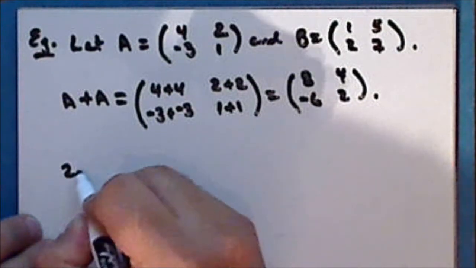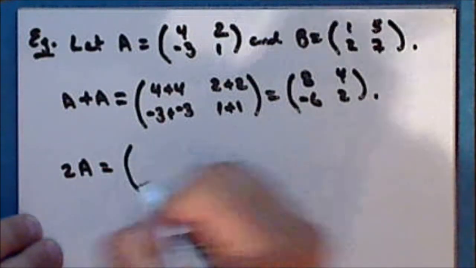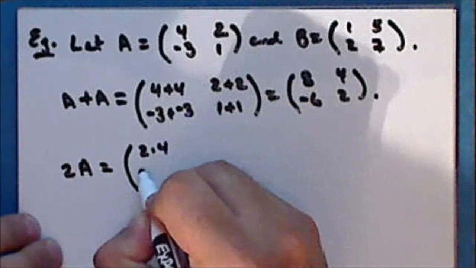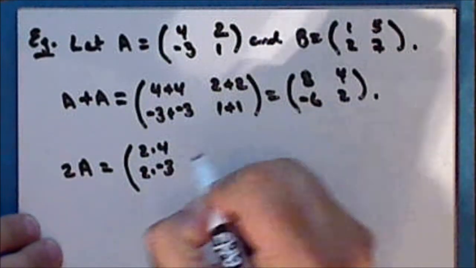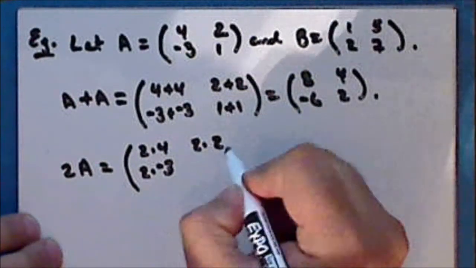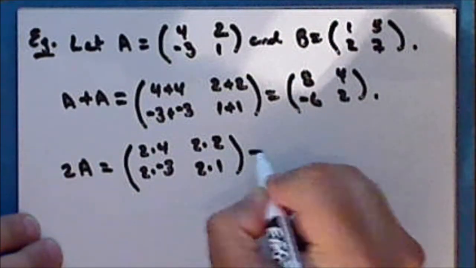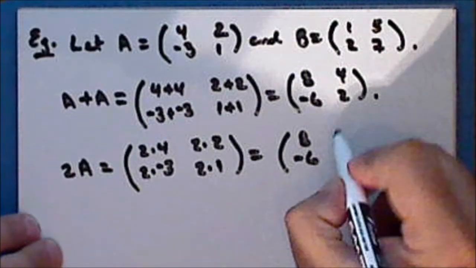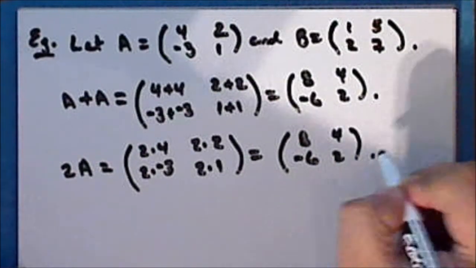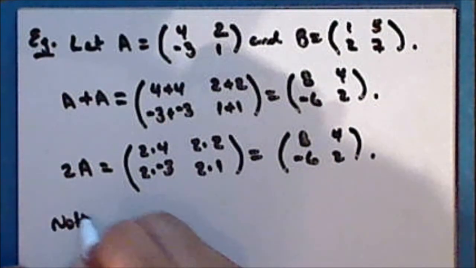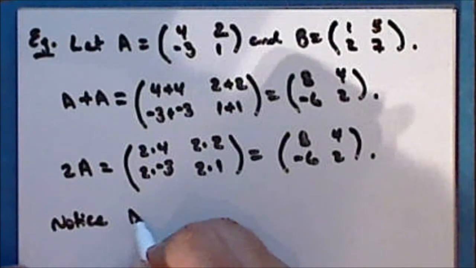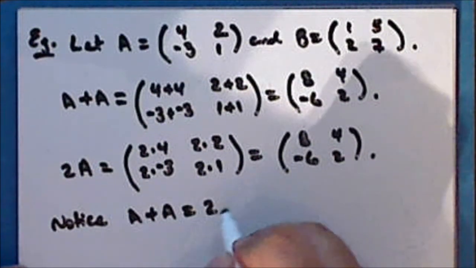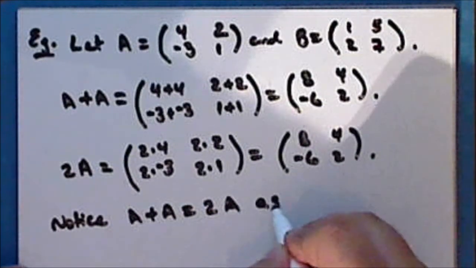The scalar product 2 times A is the matrix with columns 2 times 4, 2 times -3, 2 times 2, 2 times 1, which is the matrix with columns 8, -6, 4, 2. So notice that the sum A plus A is the same as the scalar multiple 2 times A, as expected.